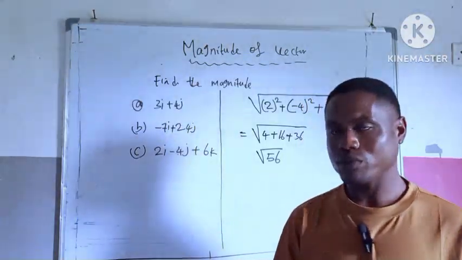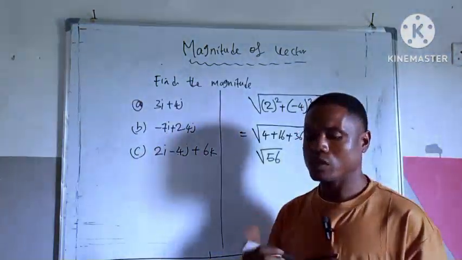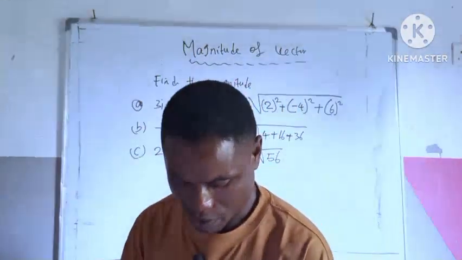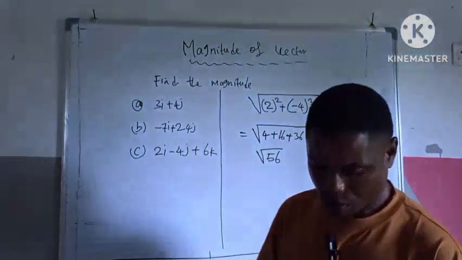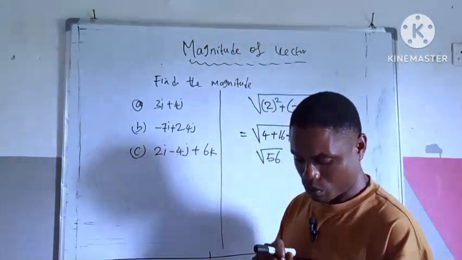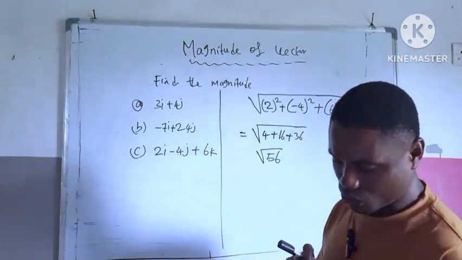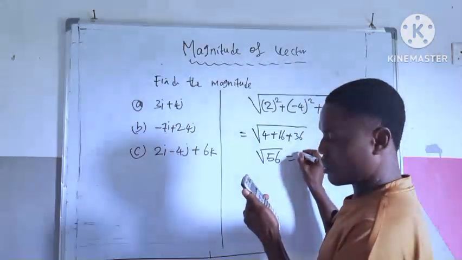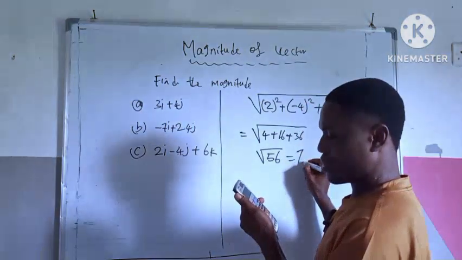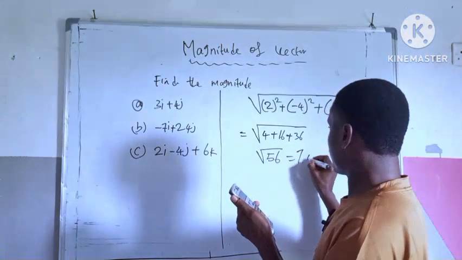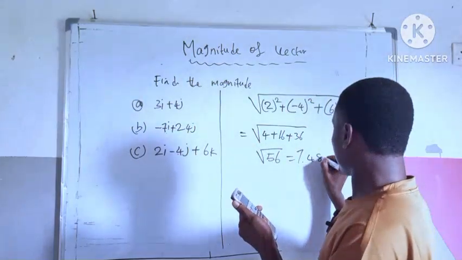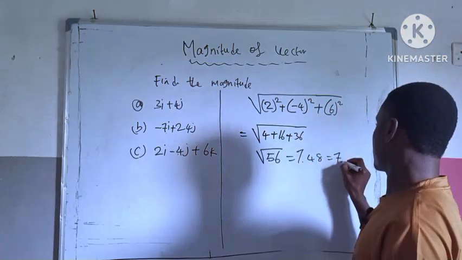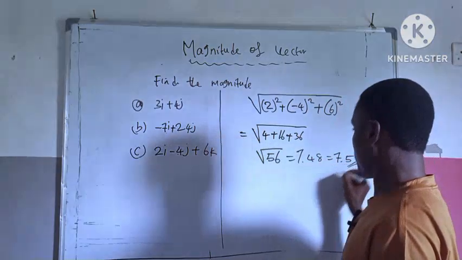Or you can press your calculator. There's nothing like square root of 56, because if you press, you will see decimal number, right? Let's try it. That is square root of 56. You too can try it there. Okay, the answer is 7.48, or we can just approximate 7.5, right?